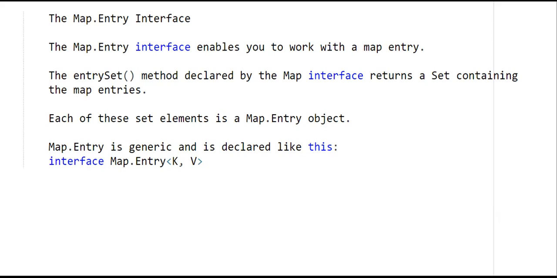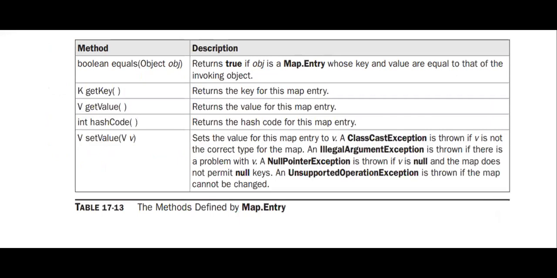And there are certain methods which are declared in the Map.Entry interface. Those methods include the equals method, getKey method, getValue method, hashCode method, and setValue method.